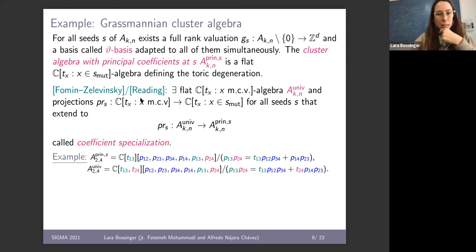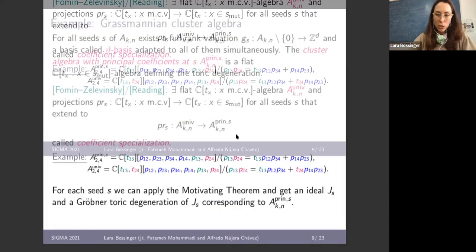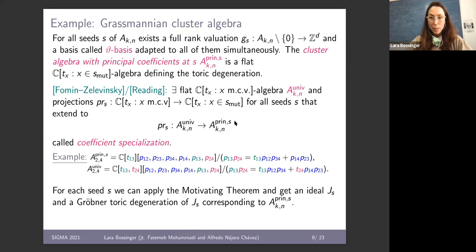Okay, and this middle part here is just the statement that I mentioned before, that we have these projections, these coefficient specialization maps from the cluster algebra with universal coefficients to all the cluster algebras with principal coefficients. But here I just spelled it out for the particular case of the Grassmannian Gr(2,n).